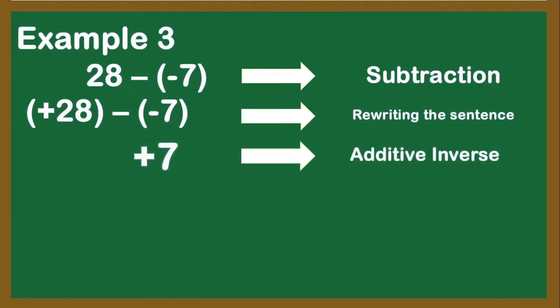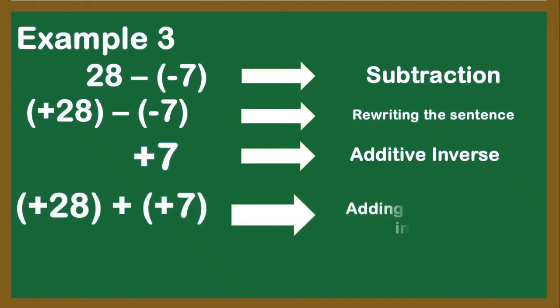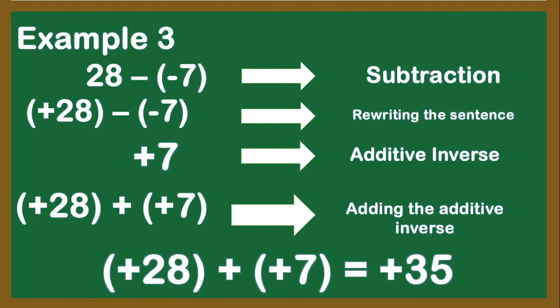Taking the additive inverse of the subtrahend, that is positive 7, and then adding the additive inverse, we have positive 28 plus positive 7. Applying the rules of addition of integers, positive 28 plus positive 7 equals positive 35, or 28 minus negative 7 equals positive 35.